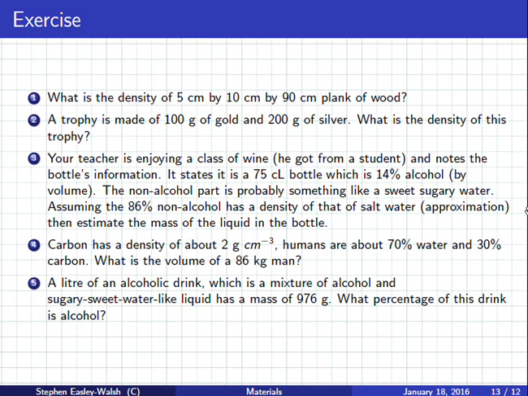Now I need you to tell me what the density of the nickel is, and what the density of the silver is. What's the density of nickel? 8,900. Okay, and of silver? 10,500. Thank you.